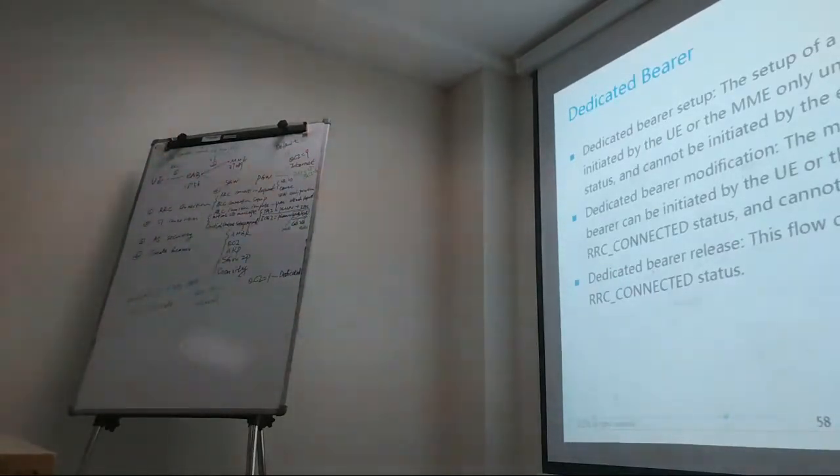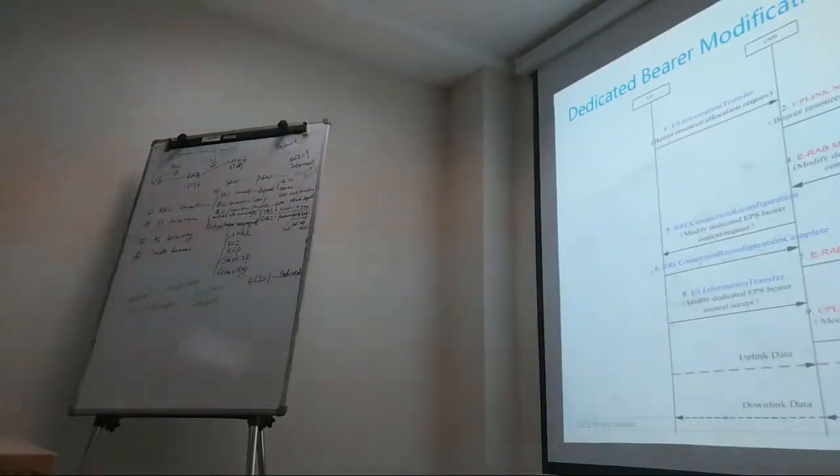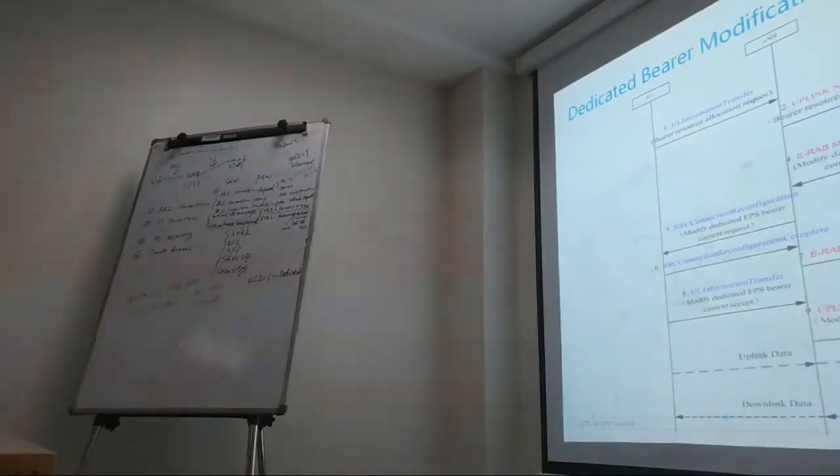It can be initiated by the UE and MME, but it cannot be by the eNode B. It's only in the connected state. For the modification, the procedure is the same as the setup, but it is a modify request and the response is a modify response. In our network, usually we don't modify the bearers. When we configure the parameters, they are usually fixed. We will not modify them.